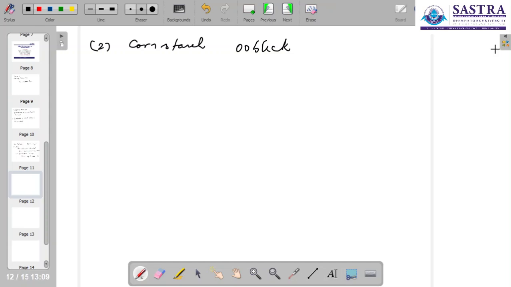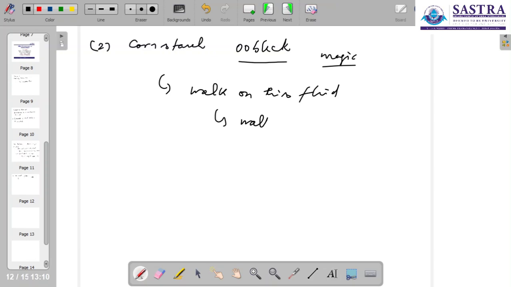Oobleck is a suspension of cornstarch in water, a kind of magic fluid that people propose you can walk on, but there is a caution: you need to walk fast. If you walk slowly, you will literally fall, because you are walking on a fluid.